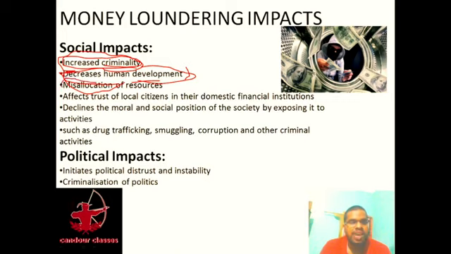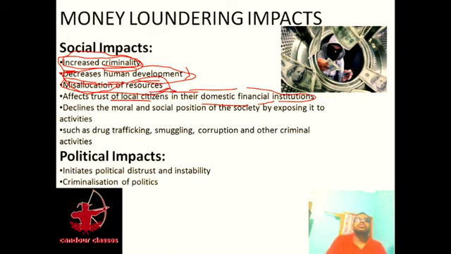Okay, misallocation of resources, obviously resources cannot be allocated in a proper way, then affects trust of local citizens in their domestic financial institutions. Yes, obviously, if Nirav Modi is taking 9,000 crores or Vijay Mallya is taking 8,000 crores and runs away from your country, then obviously that is the money of the common citizens.